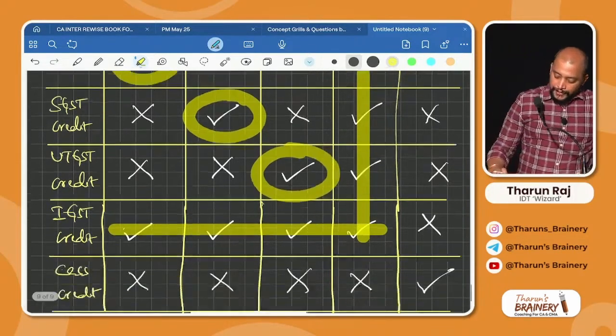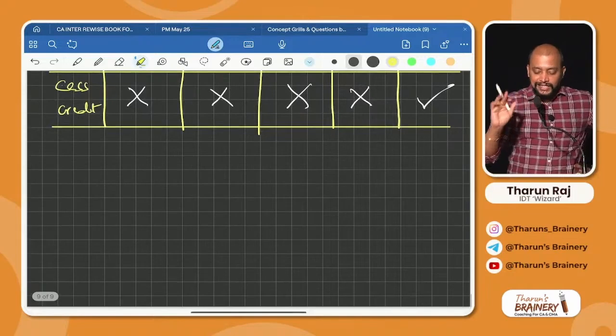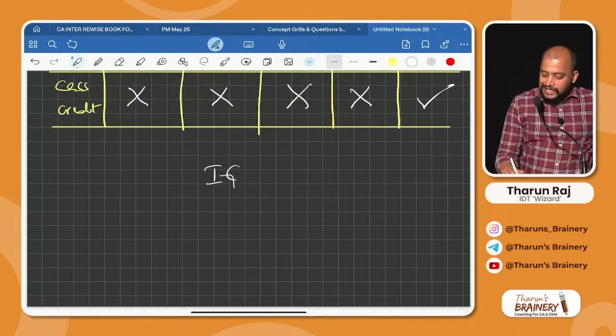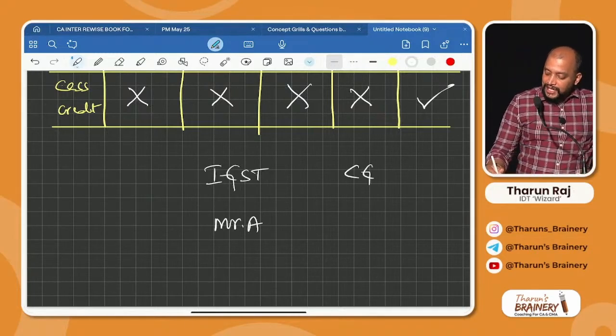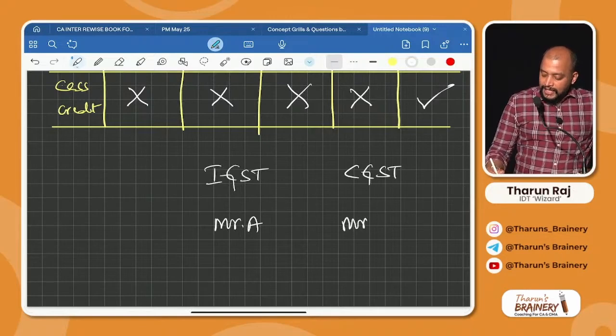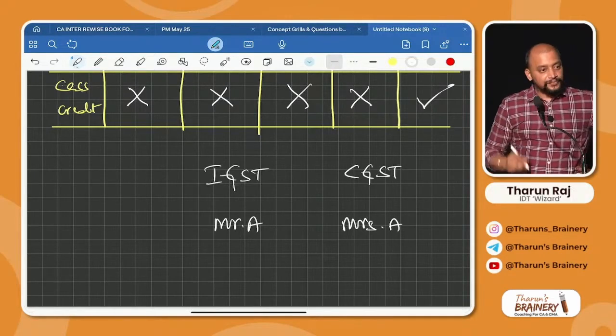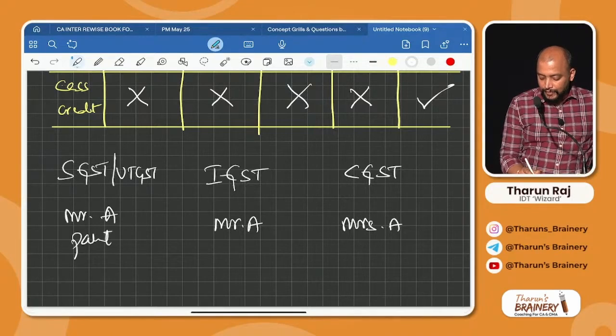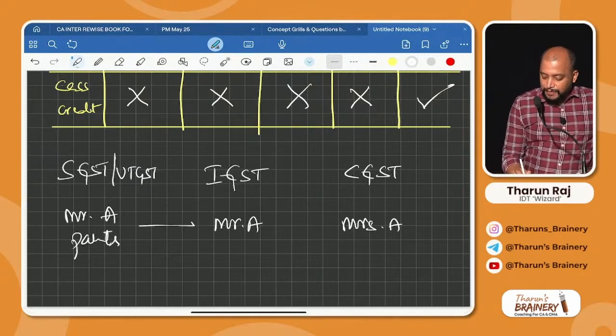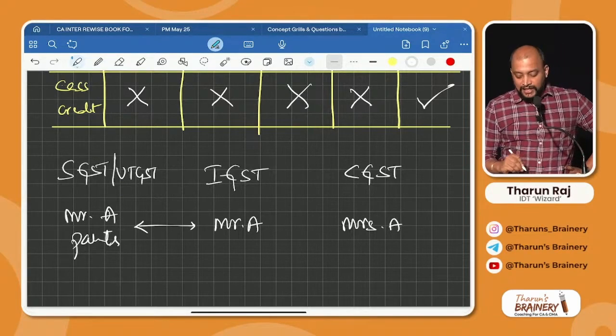Got it? Now, this is the first rule. Easily you can remember the first principle. IGST is like Mr. A, and CGST is like his wife, Mrs. A. SGST, UTGST are like his parents. He will adjust with his parents and they will adjust with him.